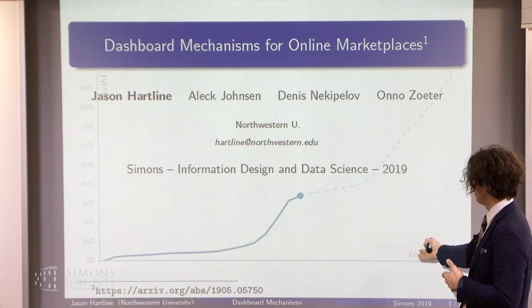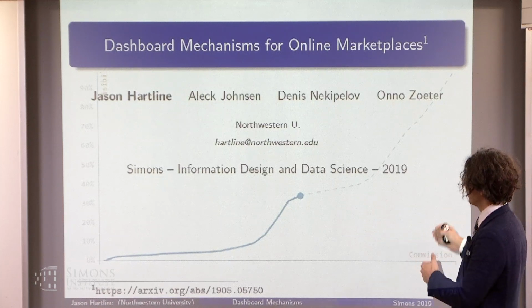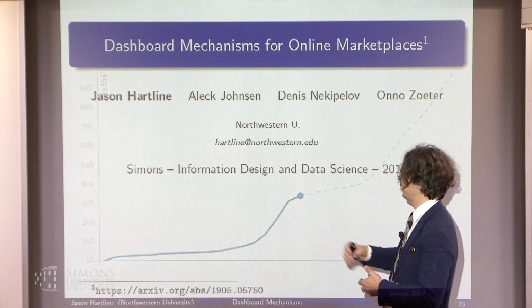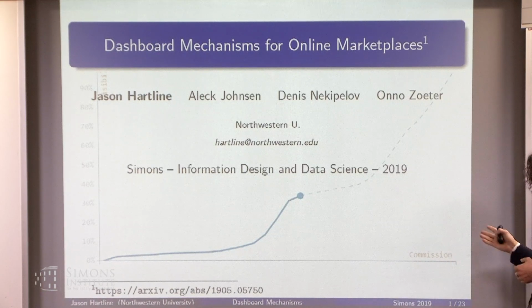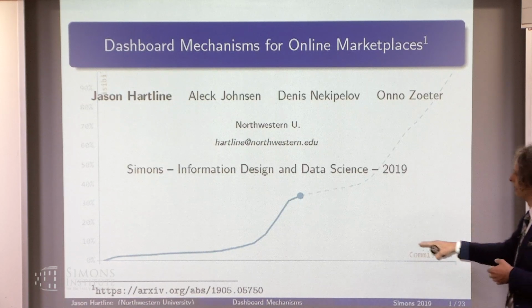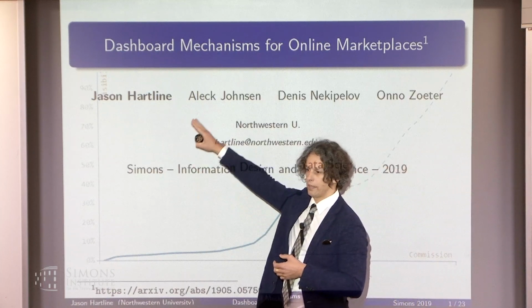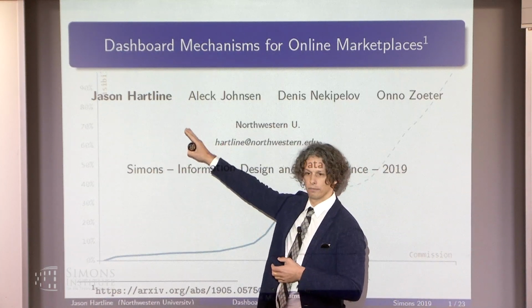Here in the background of this image is an example dashboard that was on Booking.com a few years back, where as a function of the commission that you might be paying, it shows you how much your visibility on the booking site might increase.